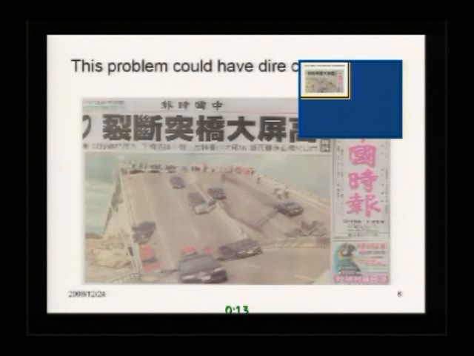This bridge collapsed. I was told that lots of people found the bridge unsafe. They actually called the engineers. They said the bridge is not safe, so the engineering section sent somebody to stand right beside the bridge for about an hour, to try to see whether the bridge is or is not safe.